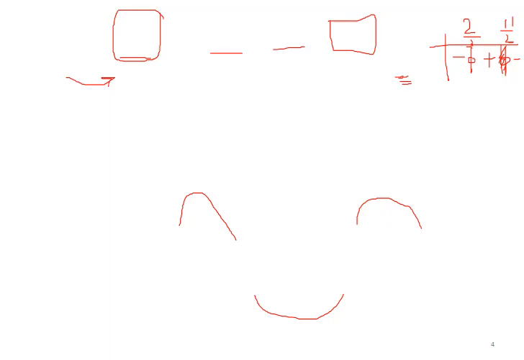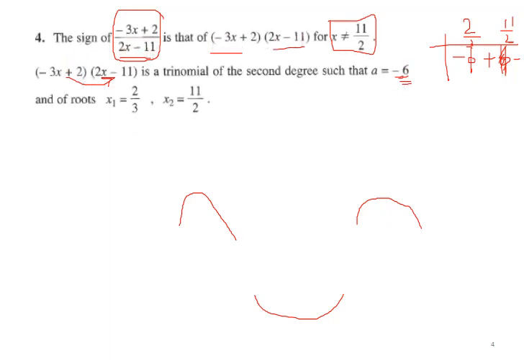Another example: minus 3x plus 2 over 2x minus 11. We always take a condition. Do you still remember that when we have a fraction, we need to take a condition? 2x minus 11 does not equal 0, that means x does not equal 11 over 2.